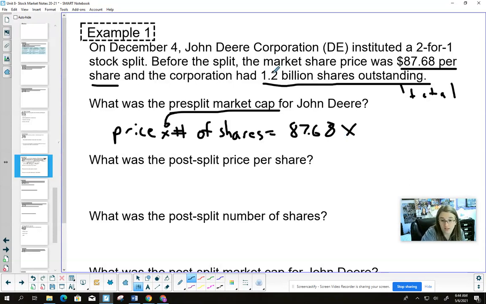Rather than adding all of the zeros for billion, we can just go times 1.2. I'll tack the word billion on there. But in the calculator, I'm going to go 87.68 per share times 1.2. Because I left it as 1.2 and 1.2 represents billions, my answer is also going to be billions.